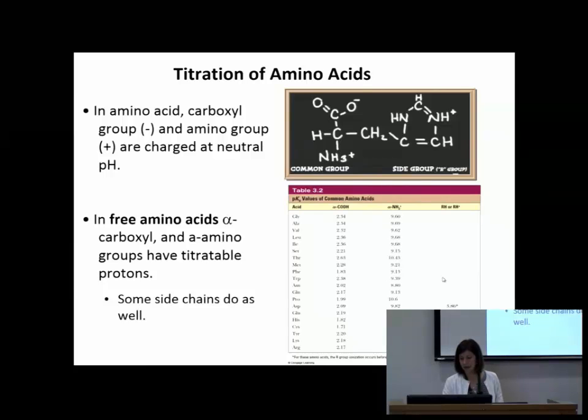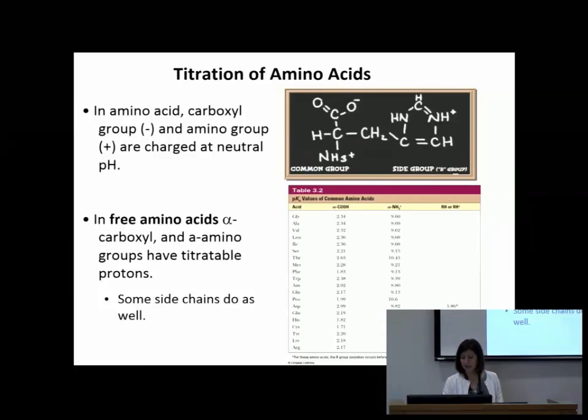So notice that our polar, nonpolar side chains do not have a pKa for their side chains. There are some polar ones, histidine and cysteine, that can be ionized.